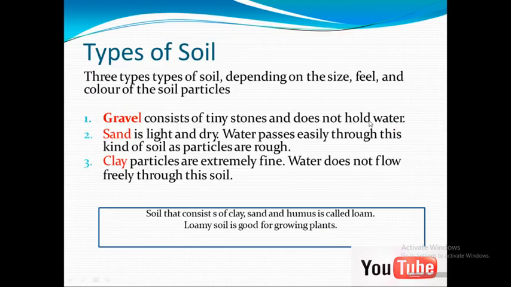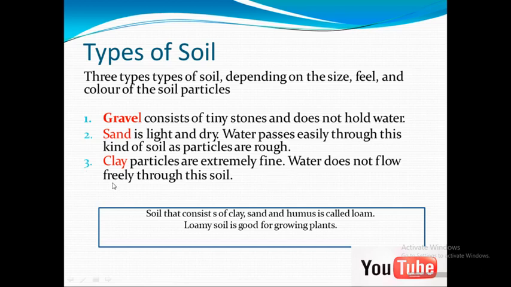This is the small stone and does not hold water, because gravel is stone, and sand is light and dry. Water passes easily through this kind of soil, particularly through the rough. Clay is extremely fine.